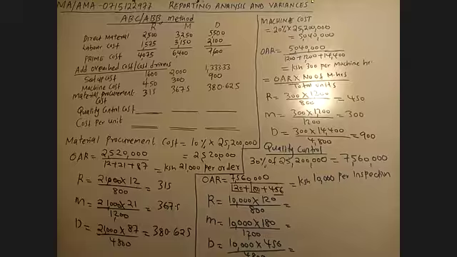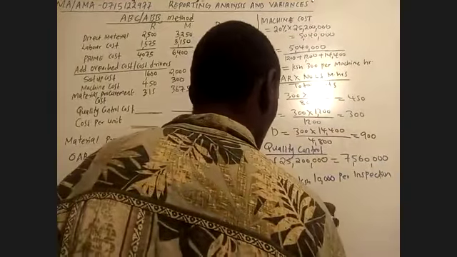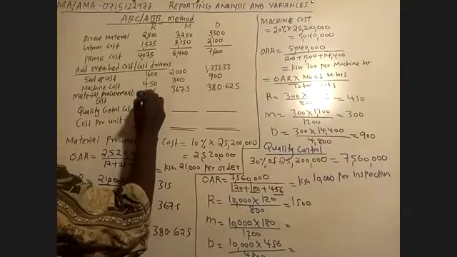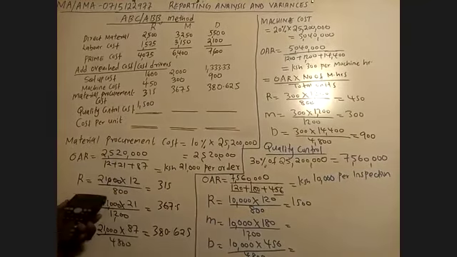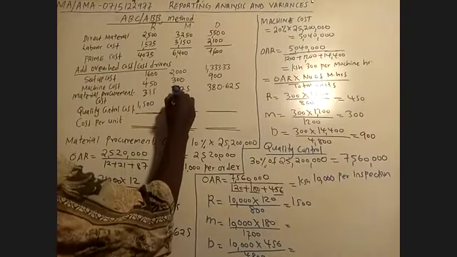Now, 10,000 times 120 divided by 800, this one is 1,500. Then 10,000 times 180 divided by 1,200, 1,500.